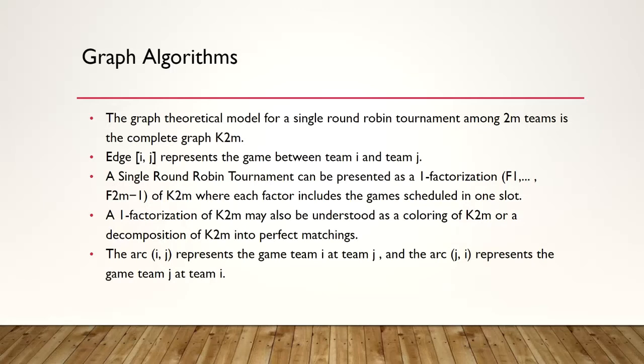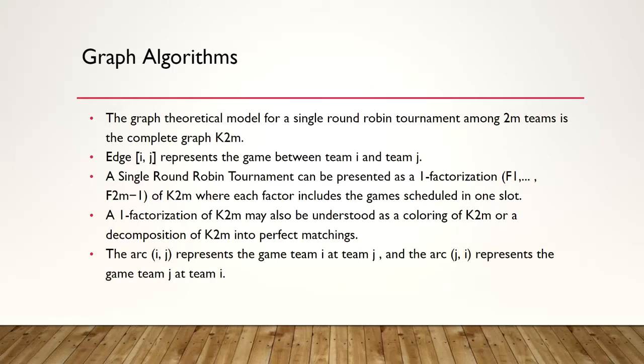An edge ij represents the game between team I and team J. A single round robin tournament can be presented in a 1-factorization, where f1 up to f2M minus 1 of K2M, where each factor includes the games scheduled in one slot.